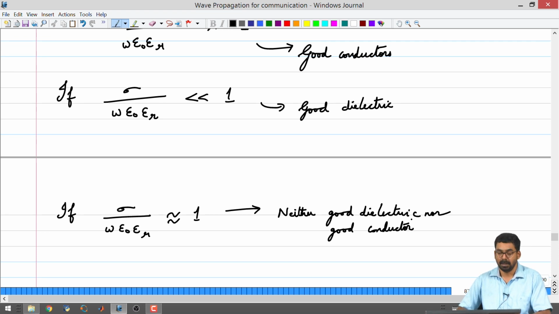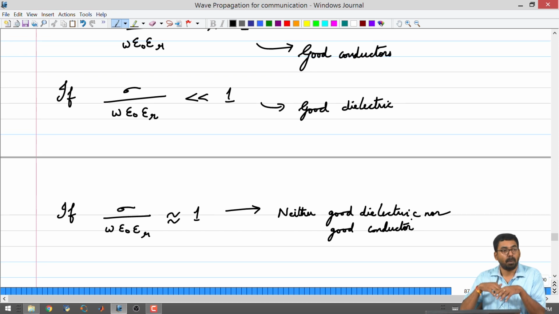In other words, you cannot say absolutely if the material is a dielectric or a conductor. This is true for any material, alright. And this happens at specific frequencies for specific materials. For example, if you take copper, it may have a value of sigma, alright, assuming that sigma does not change with frequency at all, and assuming that epsilon r of copper is 1 for all frequencies.